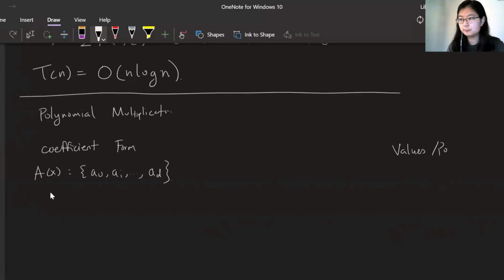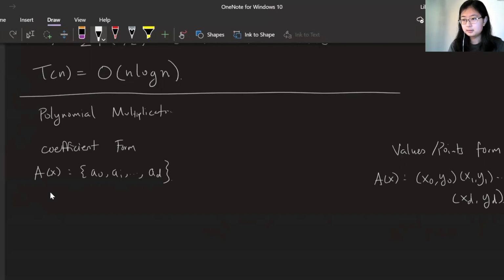Or points form, where we describe the same polynomial by its value at a set of points. So we have, say, x0, y0, x1, y1, all the way up to xd, yd. All right. And it's easy to multiply here because, if you have 2 polynomials, A1 and A2, and you have their value at, say, x0, then you just multiply their y values.